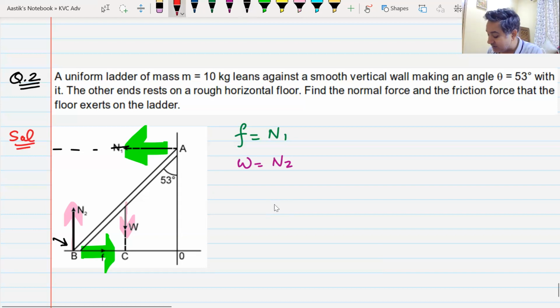How much is this distance? This is L, so this is L cos theta. Yes or no? Yes, sir. Cos 53. How much is cos 53? 3 by 5. So this is 3 by 5 L.